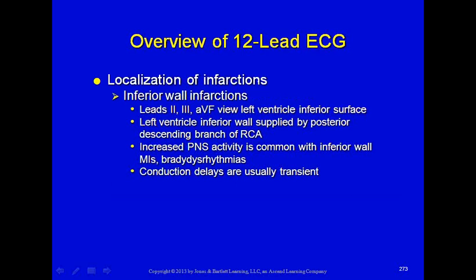What we'll also see with inferior wall myocardial infarctions is an increase in parasympathetic nervous system stimulation. So left ventricular inferior wall MIs are associated with bradycardias and heart blocks, and conduction delays are usually present as well.